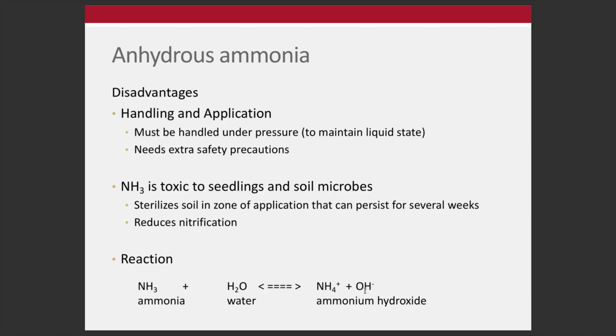And it jacks the pH way up. It drives the pH, if it's acidic, to neutral and then above. And because of this kind of sterilization process, it works in our favor in the context of reducing nitrification, reducing the conversion of this ammonium to nitrate rapidly, right?